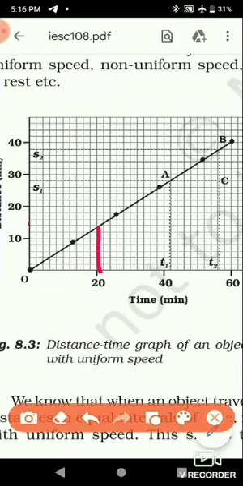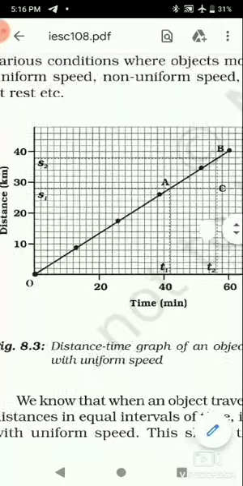And after 40 minutes the distance covered is nearly equal to 28. So we are getting 14, 28 in this way, the distance increasing with the same rate.